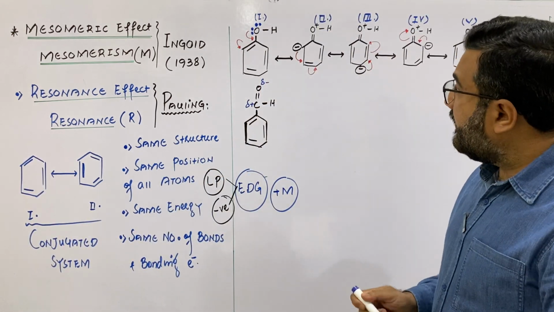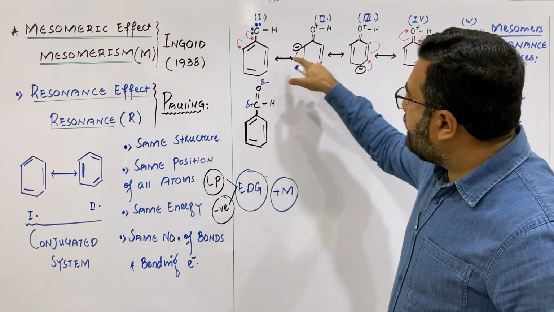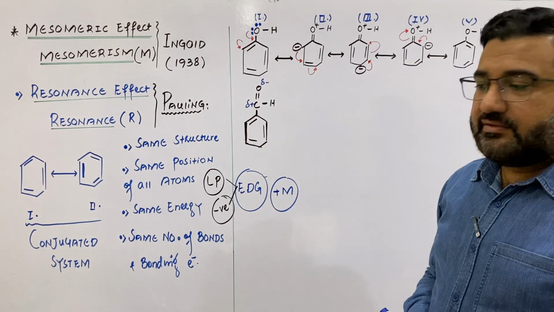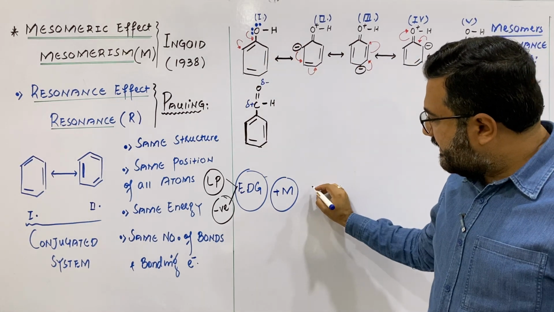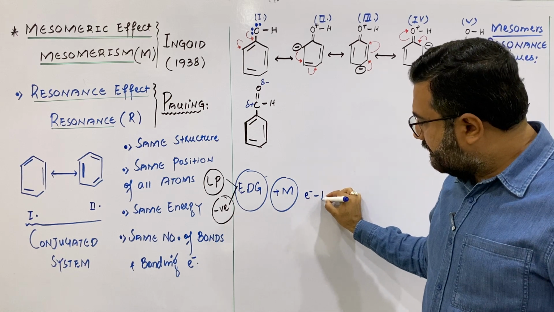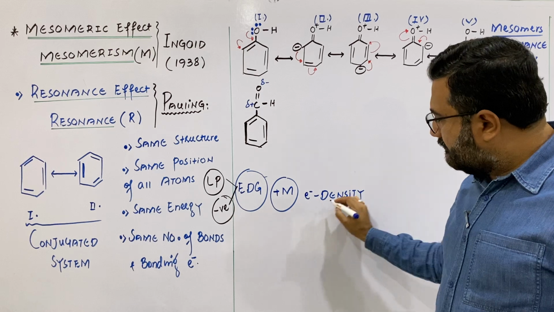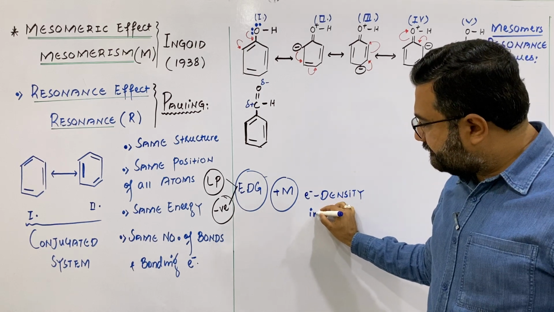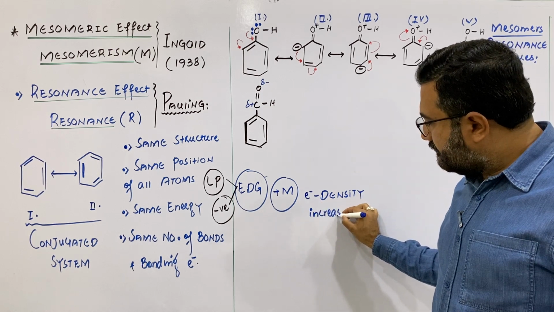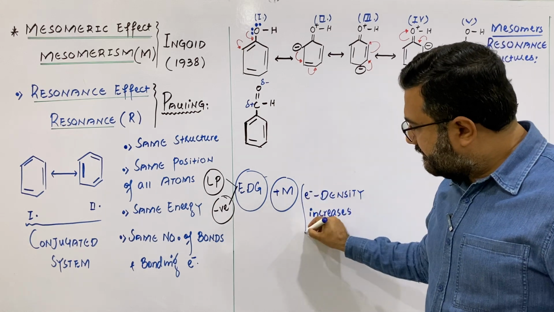And when these groups donate electrons to the conjugated system, what happens? We will say that the electron density of the conjugated system increases.